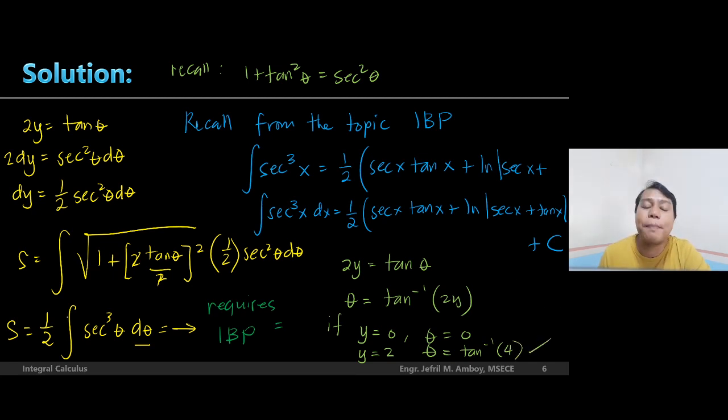Okay? So, now, para lang malaman natin kung tama ba yung sagot, no? Okay. Calculahin natin ito. So, 1/2 times the integral of, okay, secant cube is 1 over cosine cube of x. And then, cube siya from 0 to tangent inverse of 4.